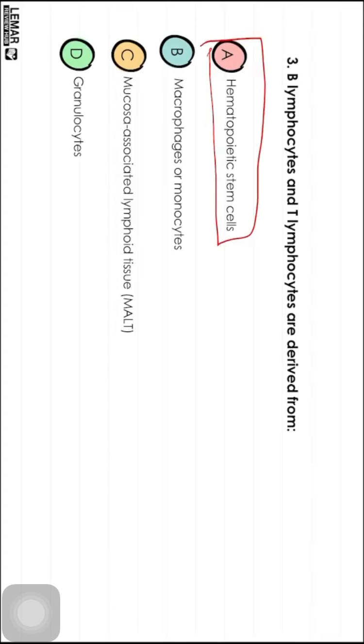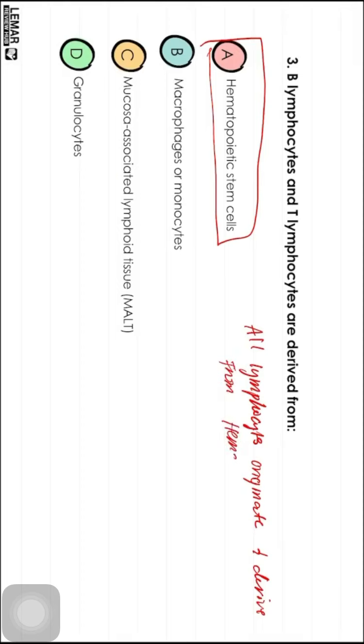All lymphocytes originate and derive from hematopoietic cells or stem cells via hematopoiesis.